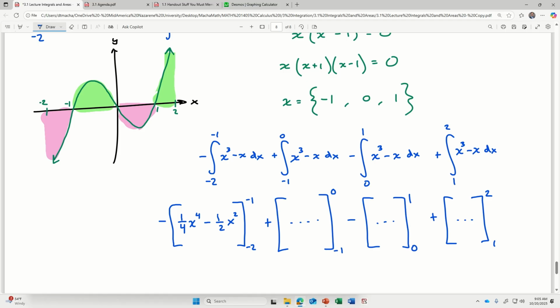Whenever I look at this, I see so many different symmetries and ways to simplify this that I don't really even know where to begin. For one thing, what do I know about x squared and x to the 4th power? Right? If I take a negative number and I plug it into x squared, negative numbers squared are still positive.